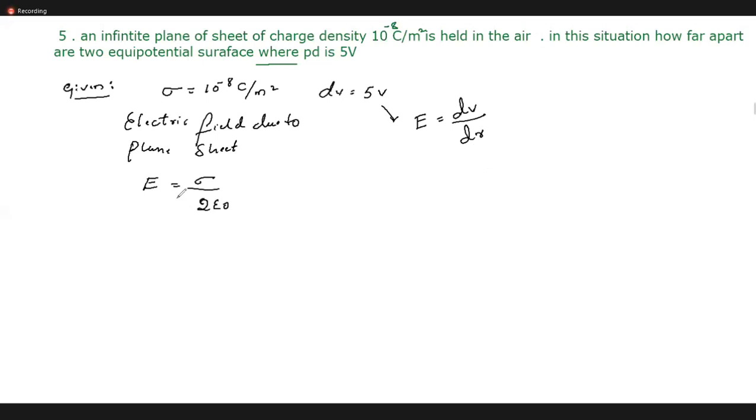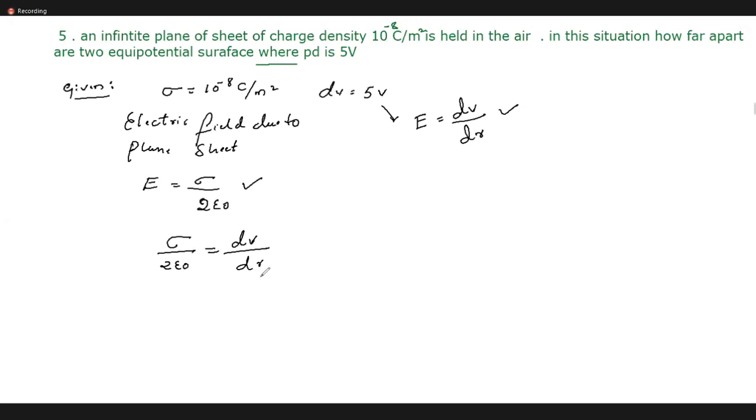Let me write it here. E equals sigma by 2 epsilon naught from the plane sheet, and here it is dV by dr. Equating those two equations, sigma by 2 epsilon naught equals dV by dr. Then dV I have, sigma I have, I know the epsilon naught value.